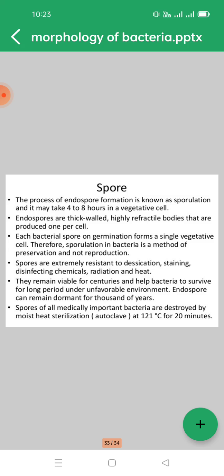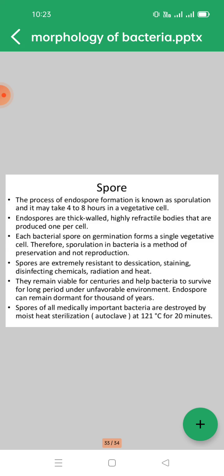One cell gives only one spore, and this spore on germination gives rise to only one single cell.